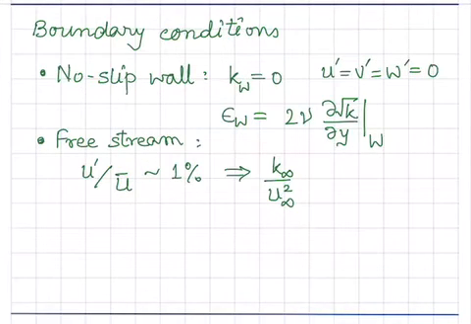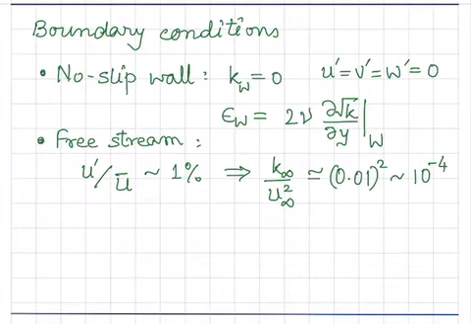K is velocity squared, u prime squared, v prime squared, so there will be a square involved, and this turns out to be in the range of 0.01, which is 1%, square of that, in the range of 10 to the power of minus 4. So for a given free stream flow for which we know the Mach number, temperature, density, pressure, velocity, we know u infinity, we can calculate k infinity, which would be in the range of 10 to the power minus 4 times smaller than the velocity squared.